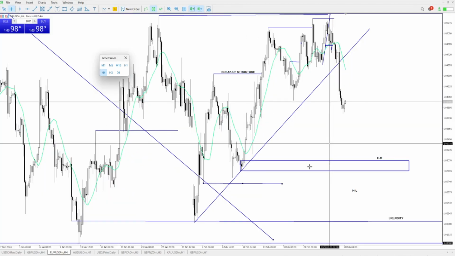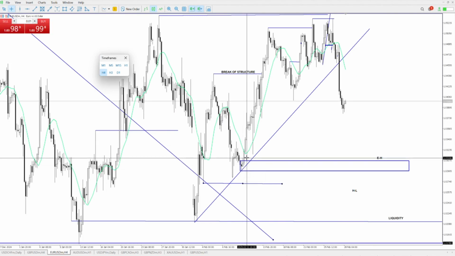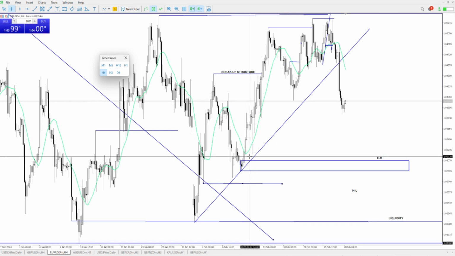If you notice at this point, we have an order block, right? Order block at this point. Now, at this point we have an FVG. There is a gap between the highest point of the first candle and the lowest point of the third candle that was formed. There is an FVG. This is a gap.